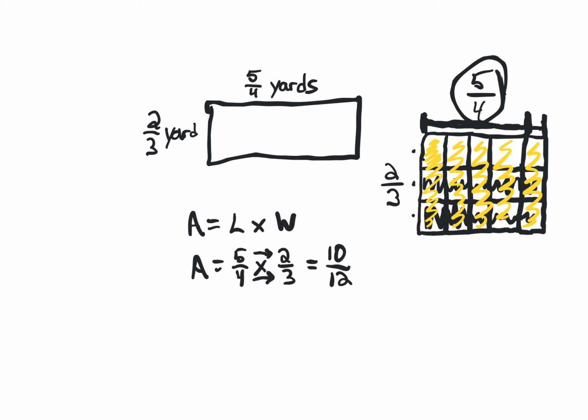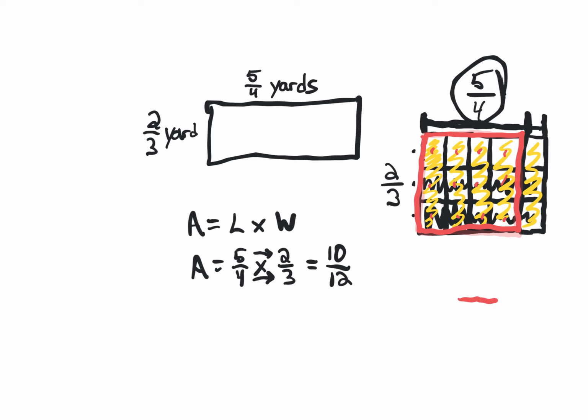So now we got to think, okay, what shape was our whole? So right here, that was originally our 4/4 and our 3/3. So out of all of them, we have 1, 2, 3, 4, 5, 6, 7, 8, 9, 10, 11, 12.